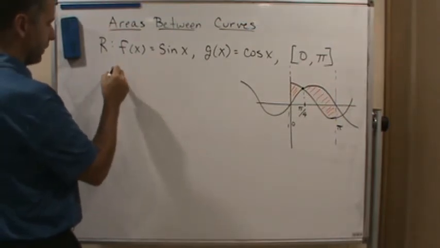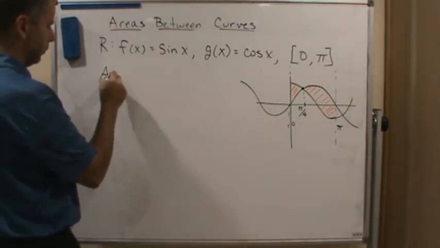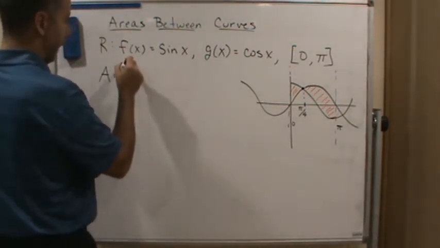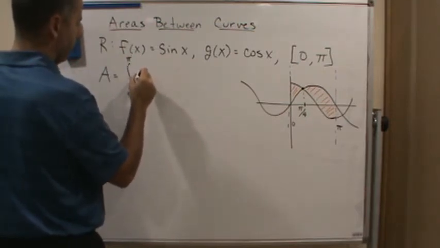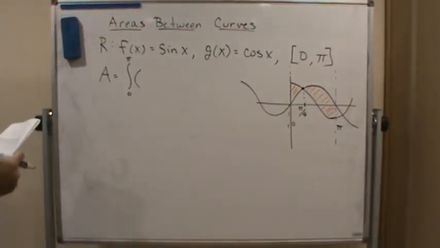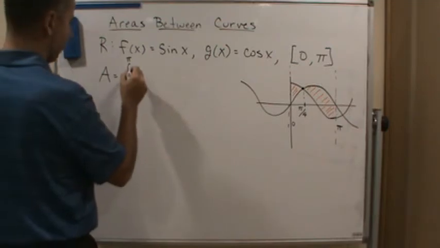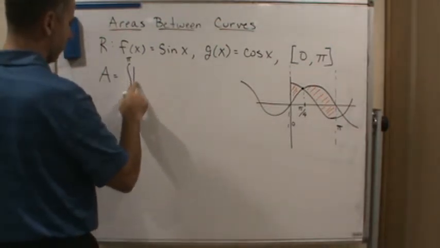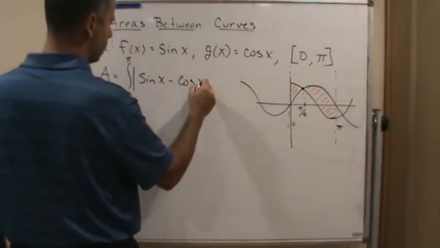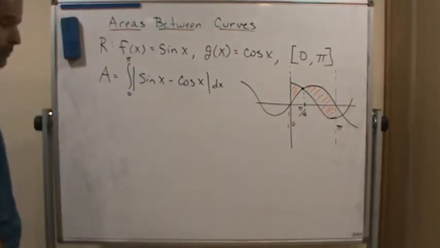Again, we set up the area: A equals the integral from 0 to pi of, the function on top is going to be cosine, but it doesn't matter because we're going to put in absolute value signs. So it's sine x minus cosine x with absolute value signs.